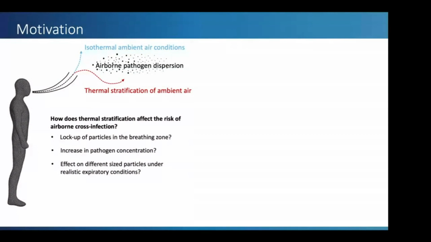How much will the pathogen concentration increase by in thermal stratified conditions compared to isothermal air conditions? And also, what is the effect of thermal stratification on different sized particles, because they won't all behave in the same way? Is there a threshold up to some aerosol diameter that they will remain locked up versus a continuous fallout of the jet, things like that?